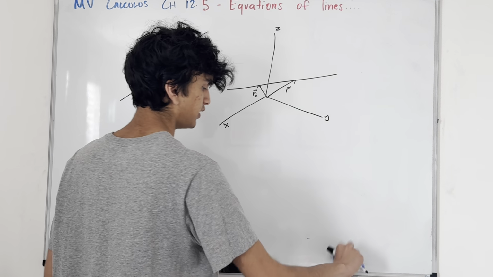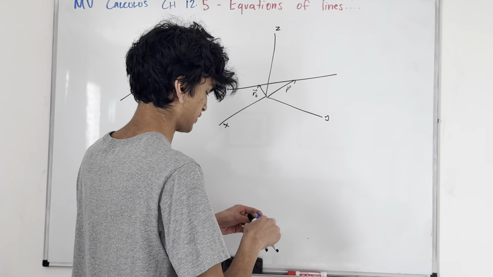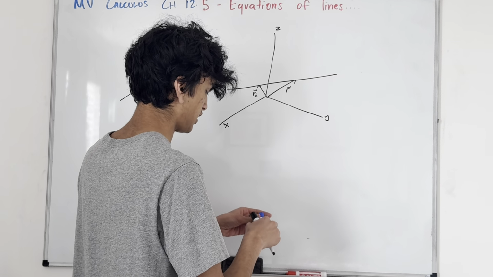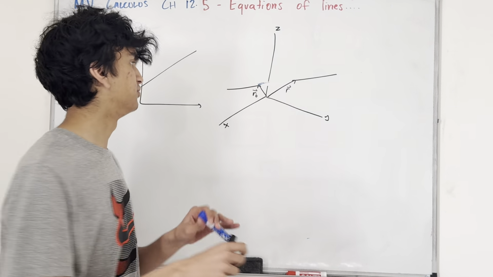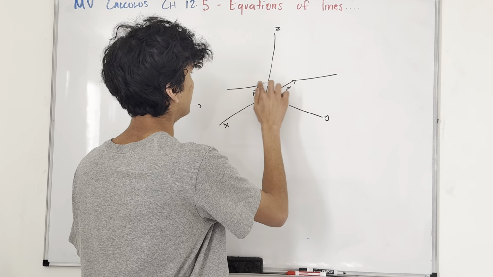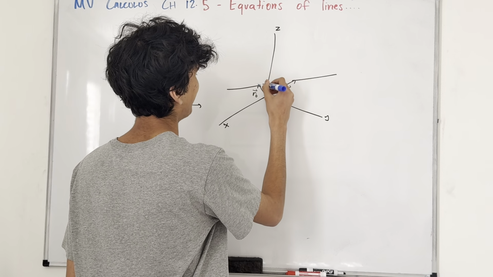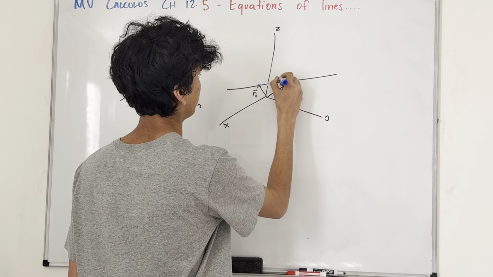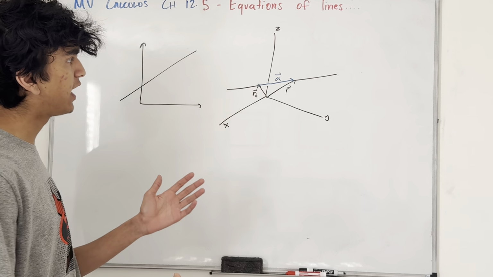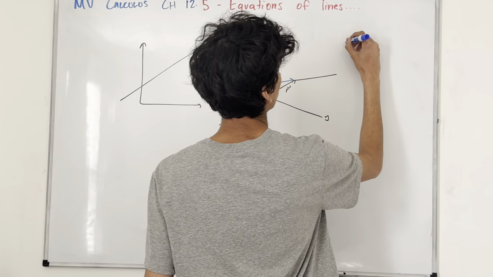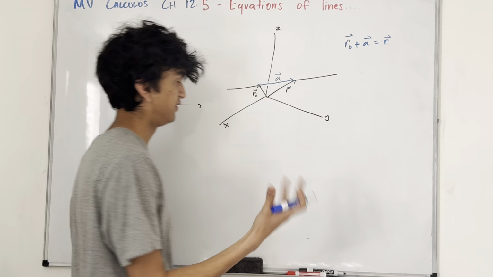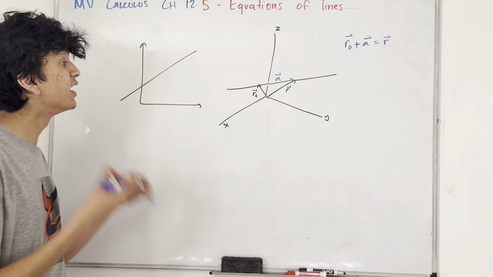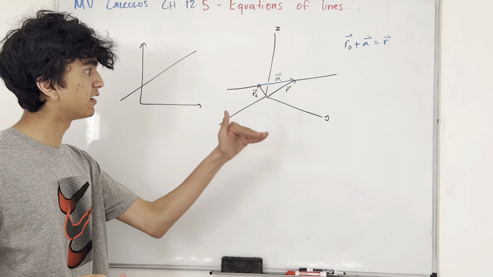We have this vector A, such that when you do r initial plus A, you get your r, this new position vector along the line. The key thing is A is parallel to this line.